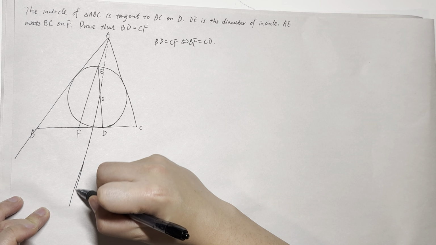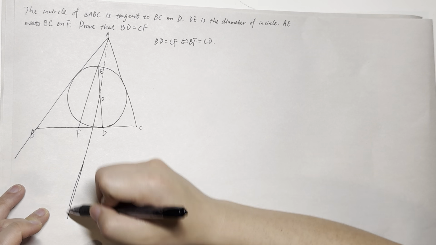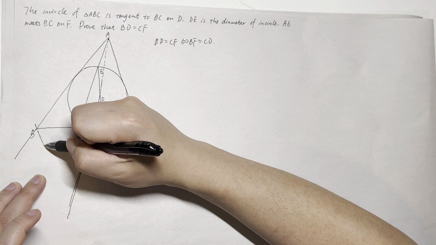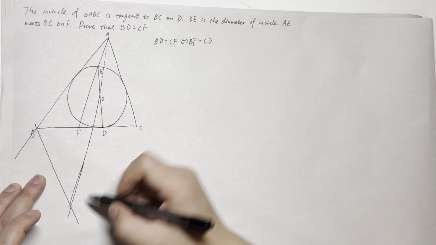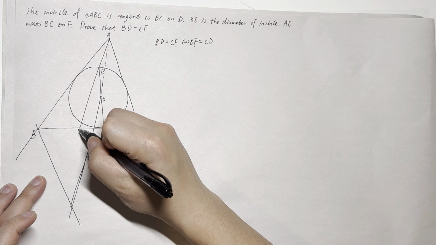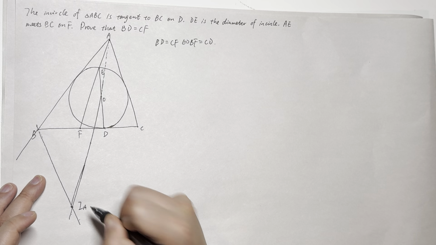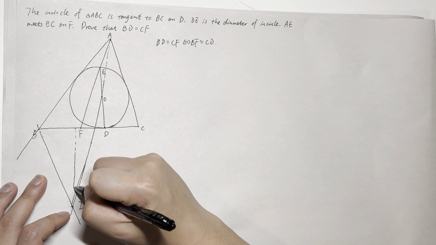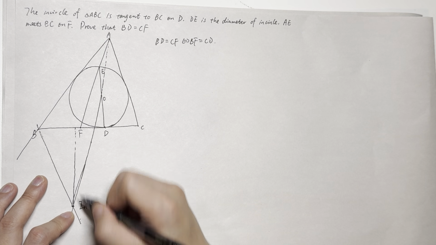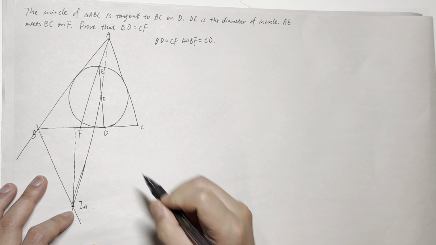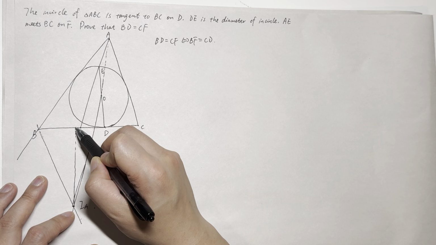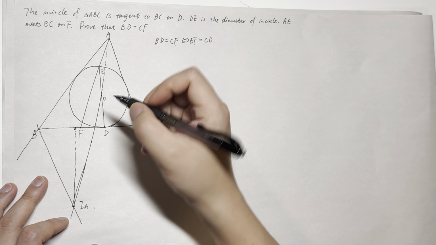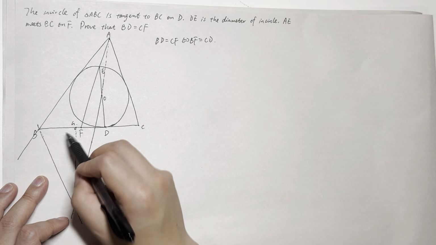If I draw this line, okay, about here. So if we find IA here, and we find the projection point from IA to this line BC, and we know that CD equals to this distance, right? The projection, let's call it G. So CD equals to BG.